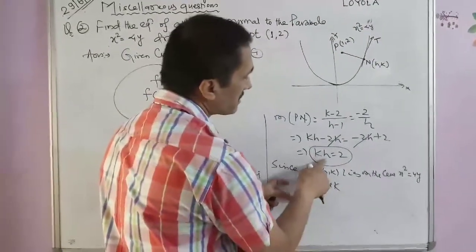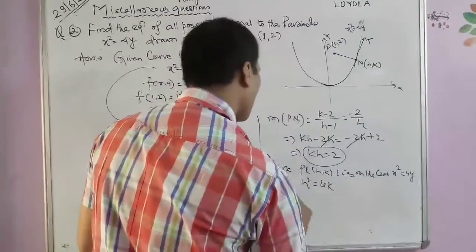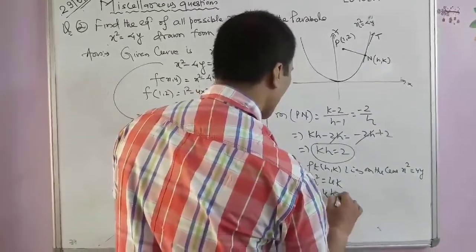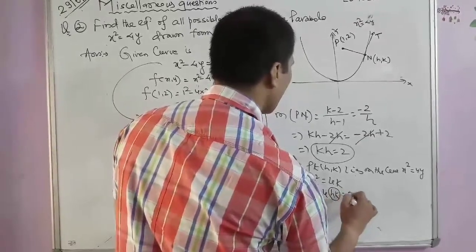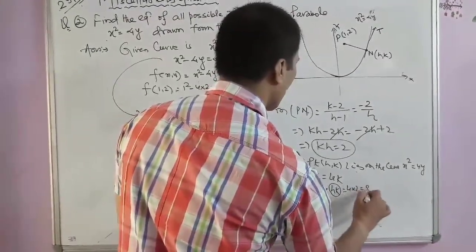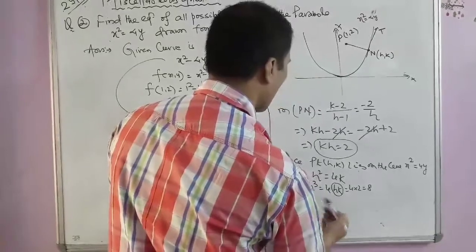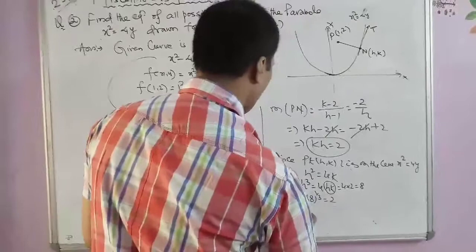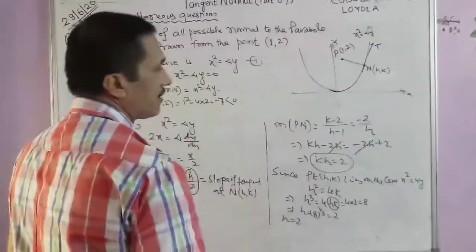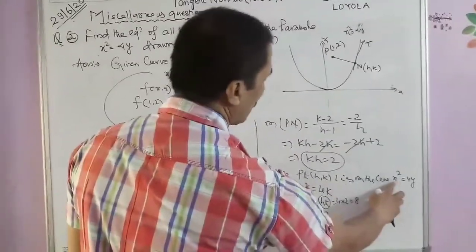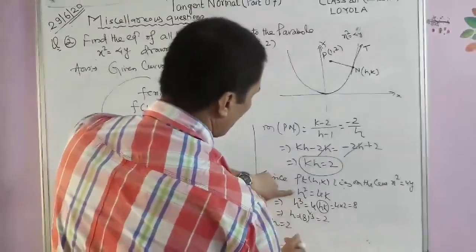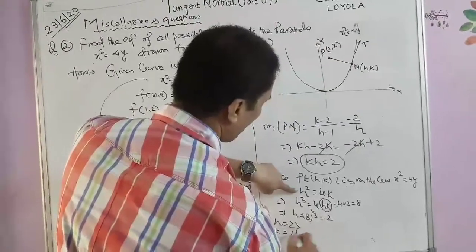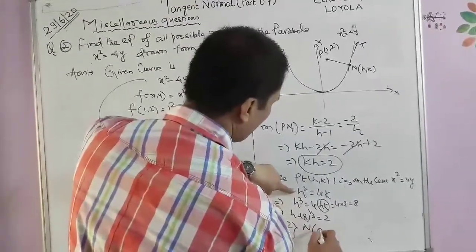We want to use this relation: multiplying both sides by h, h cube equals 4hk. Replacing hk by 2, 4 into 2 is 8. So h equals the cube root of 8, that is 2. When h equals 2, 2 square, 4, equals 4k, so k equals 1. So point N is (2, 1).